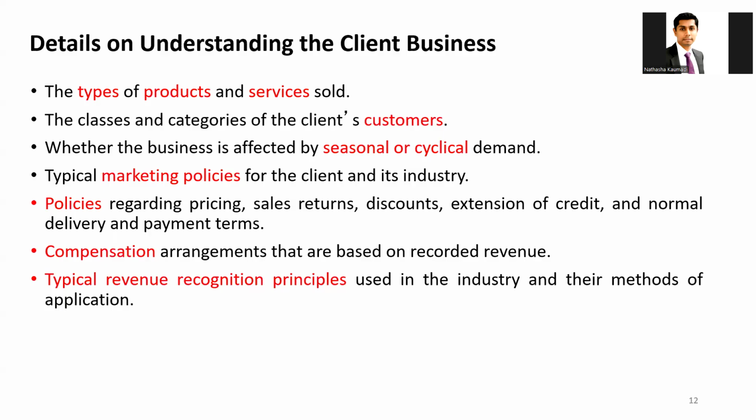And then typical marketing policies for the client and its industry. What are the campaigns they try to do? Usually their competitors are taking TV commercials, whether your client is doing the same. Now, is it normal to put big newspaper advertisements? Now, you might have seen some companies are doing advertisements, not TV, newspaper articles.